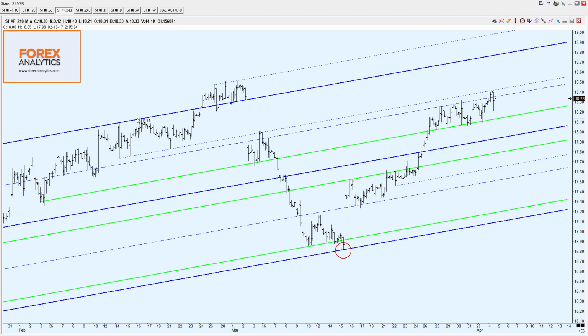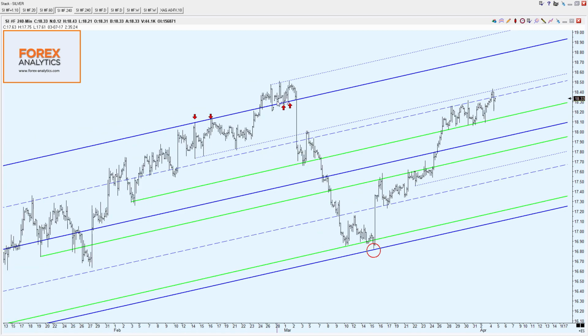You can see this is where we got to. This resistance, that we got there, turned into support, and we were looking to see if that continued. As soon as that gave way at 1832, we started getting nervous, and anyone involved in a long would probably have got out at that point.